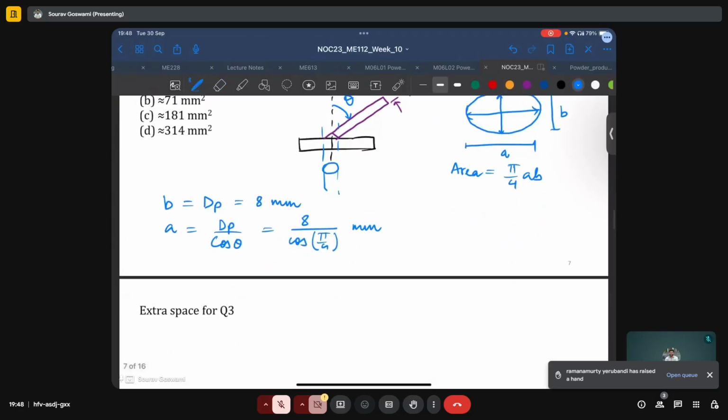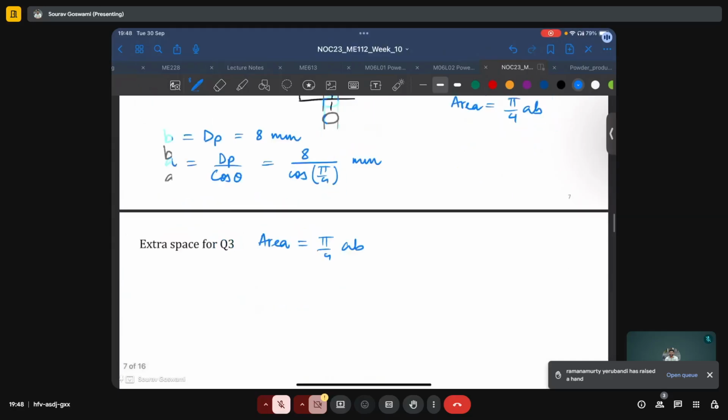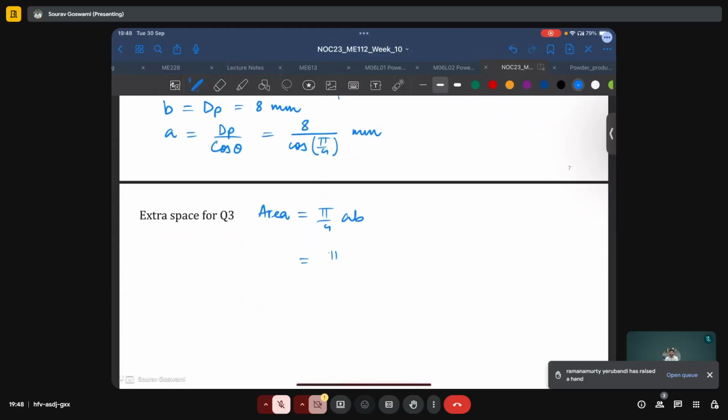And so the area of the powder cross section will be pi by 4 AB, which equals pi by 4 into 8 by cosine pi by 4 into 8. Cos pi by 4 is 1 by root 2.